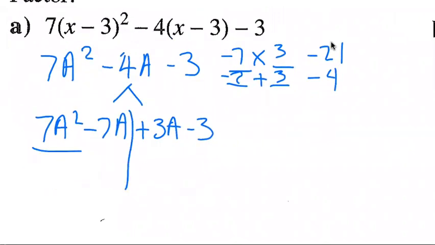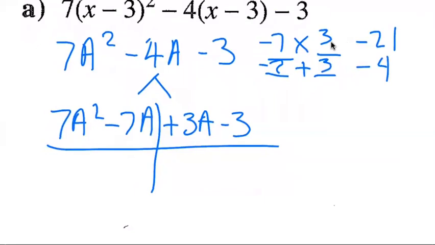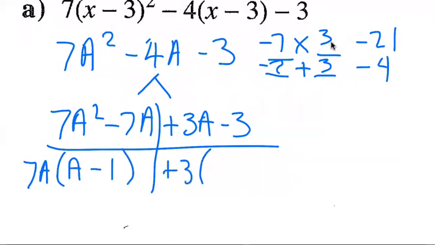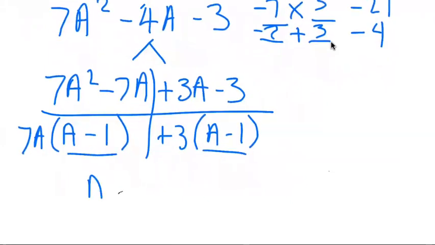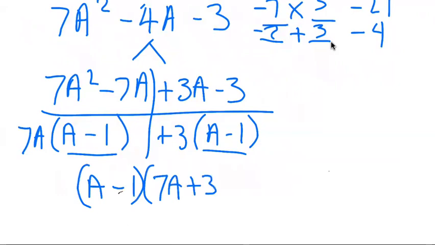T for my factor by grouping gives me 7a, a minus 1 plus 3, a minus 1. Those are the same. A minus 1 is a factor. 7a plus 3 is my other factor coming from there.